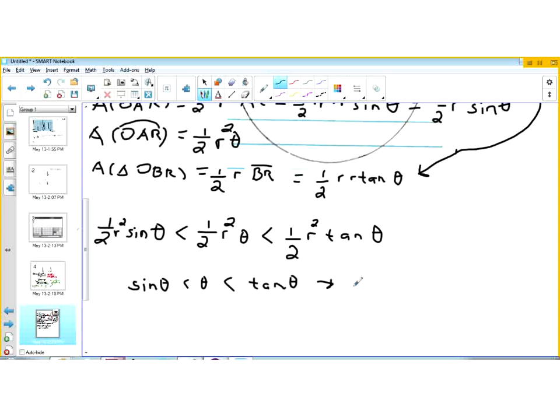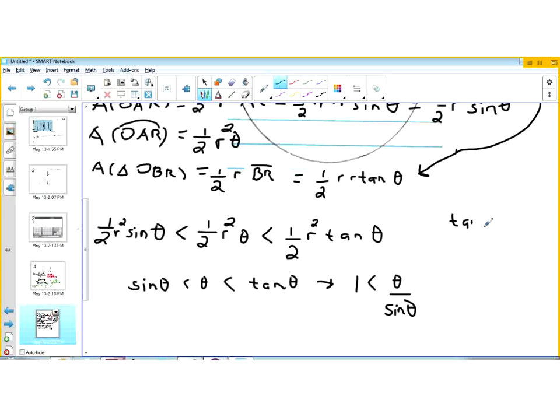So I'm going to take this inequality and divide all of the terms by sine theta. We assume that theta is not 0, so sine theta is not 0. If I sweep through and divide everybody by sine theta, I get this. Now recall the definition of tan. Do you remember what tangent theta is?